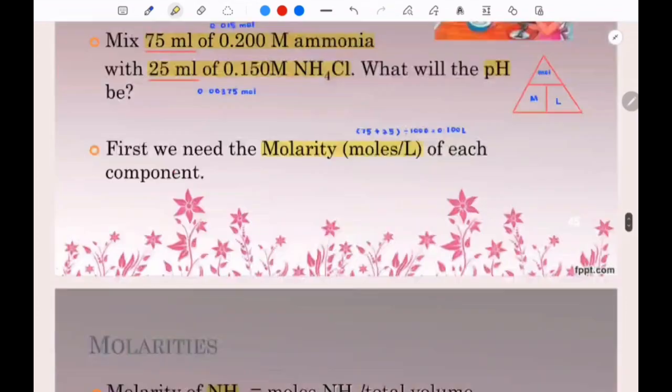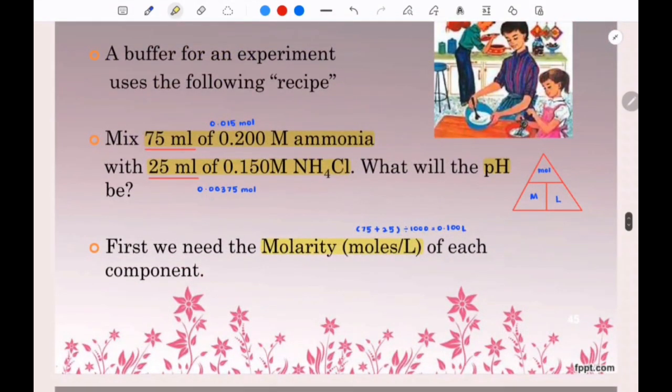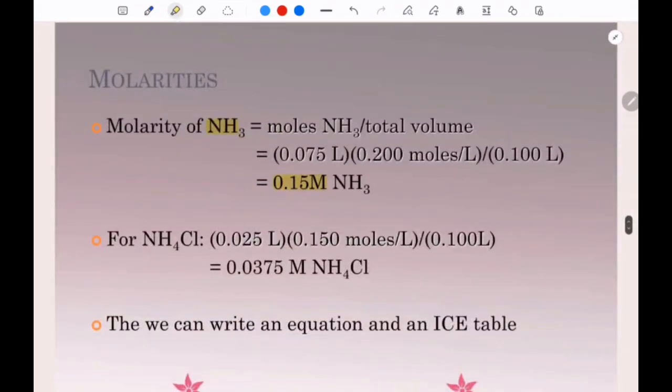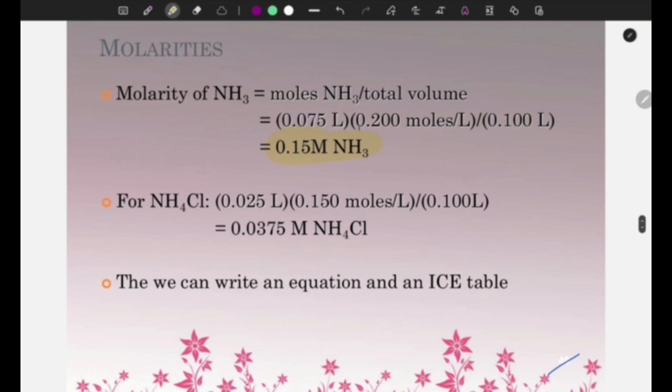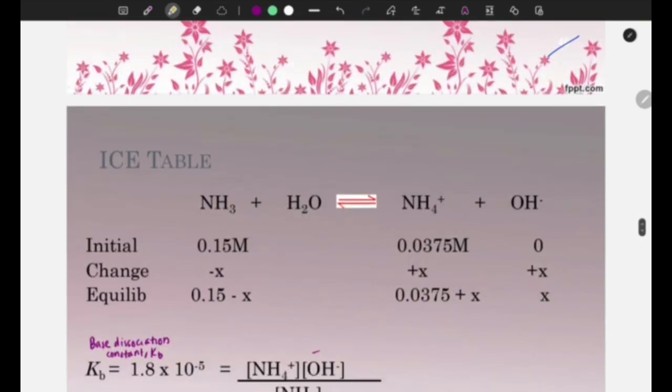For ammonium chloride, 0.00375 mole divided by 0.100 liter. When calculated, this will give us a value of 0.0375 molar ammonium chloride.